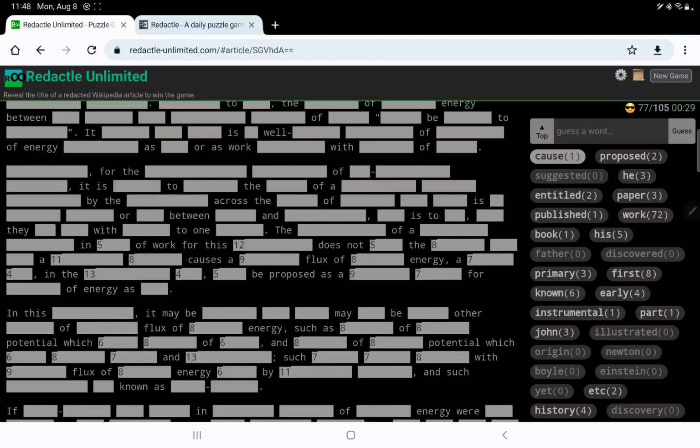Causes a volatile or something flux of some kind of energy, a 7-4 for 8 of energy as 4.